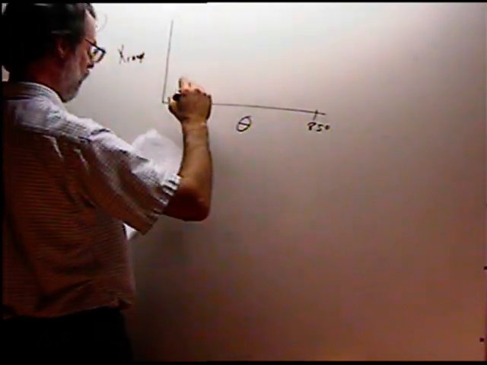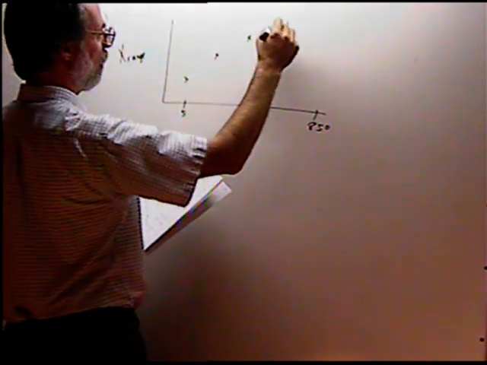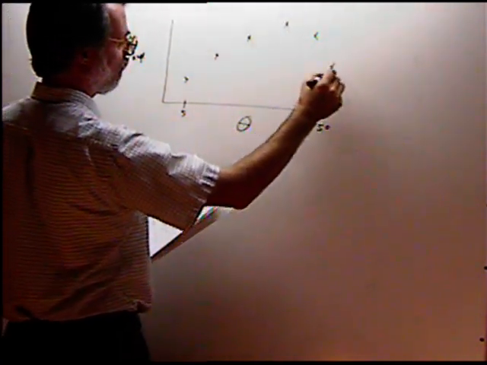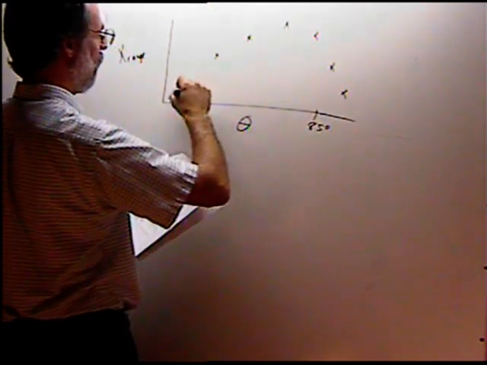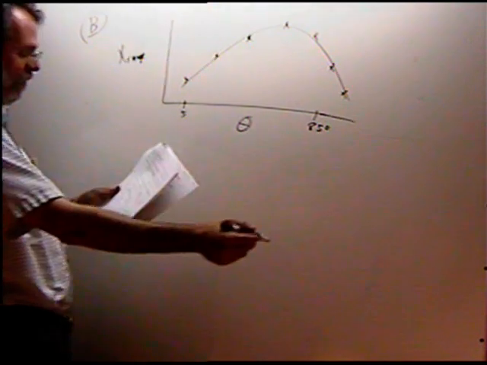It should go up and then it should come down, and it should look something like that. Draw a nice smooth curve through that.